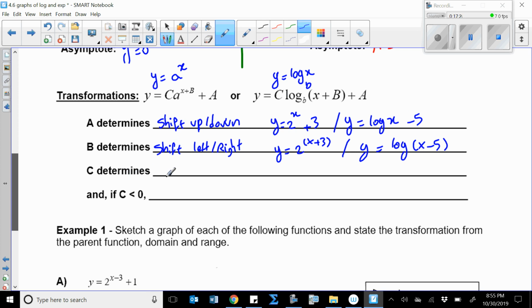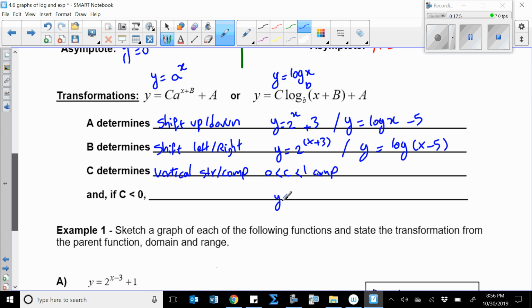What does the value of c do? C, because it's happening outside of the function, is a vertical stretch or compression, and that depends on the value of c. If the value of c is between 0 and 1, then it's a compression.